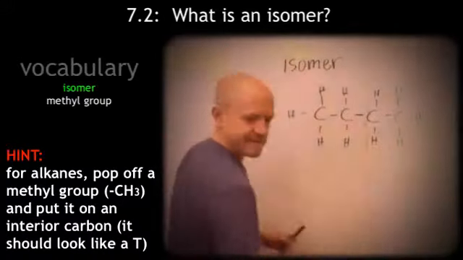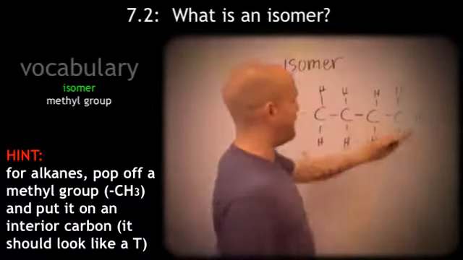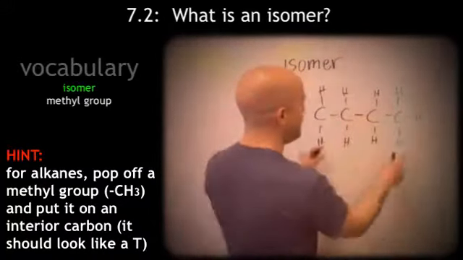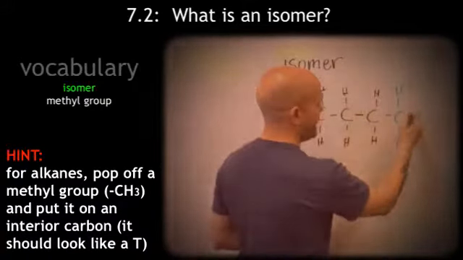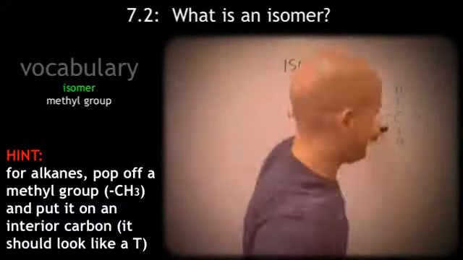So let's try this. Let's take this one off here, and I'm not going to move it to this carbon because it's already on this carbon. I've got to move it onto a carbon in the interior section. So I'm going to take it off the third carbon, or second, depending on how you count it, and put it down here. This CH3 is called a methyl group.